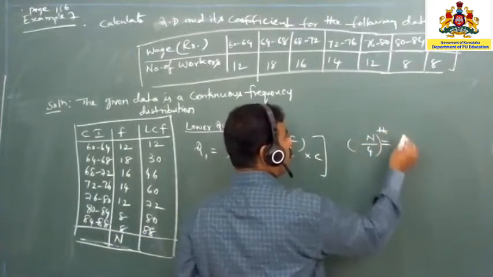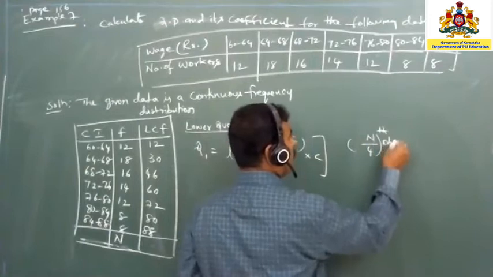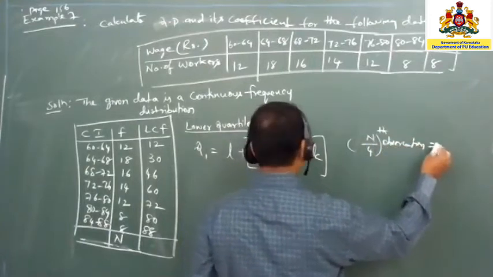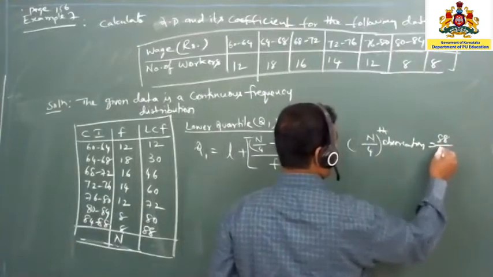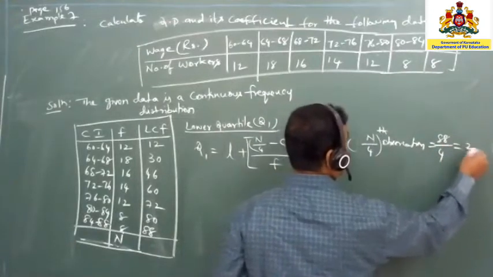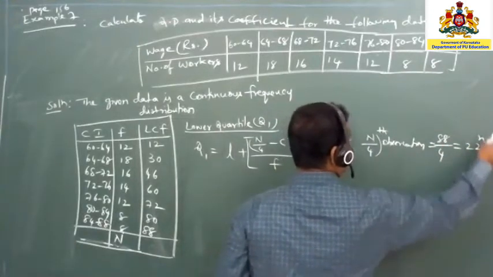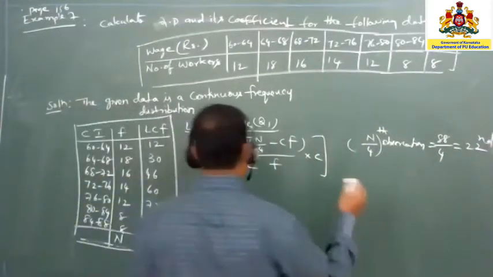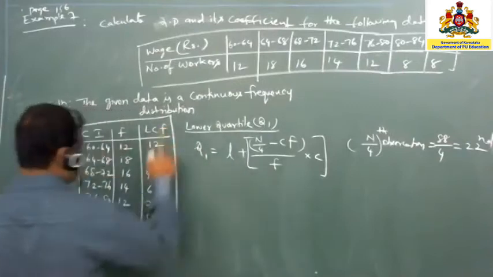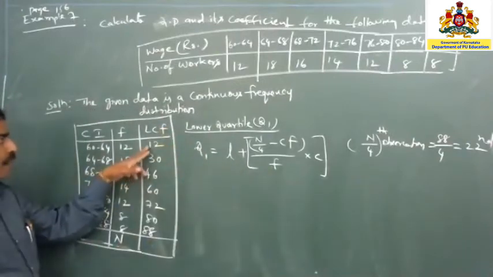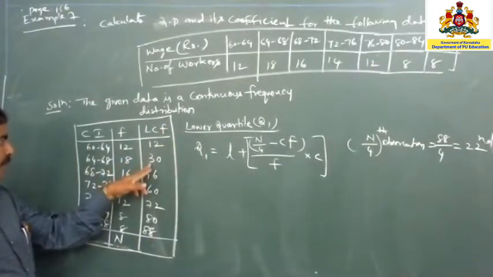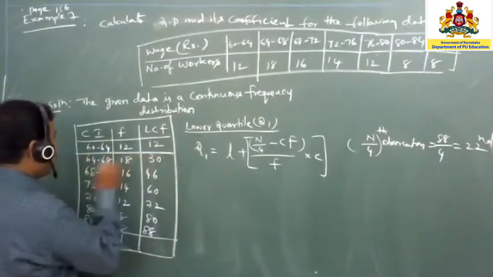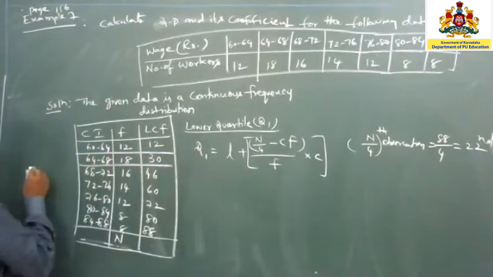N is 88, so 88 by 4 equals 22, the 22nd observation. In which LCF is it falling? It will not lie in 12, it lies in 30. Therefore, the corresponding class interval is the Q1 class.